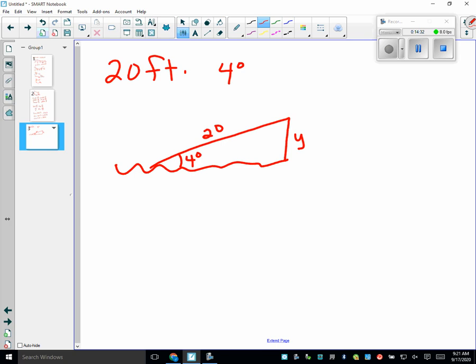Right? So the sine of 4 is y over 20. It's 20 sine 4. But what mode should you be in? Degrees. You're going to have to watch mode on the test. Okay?